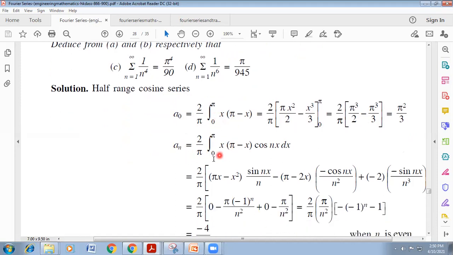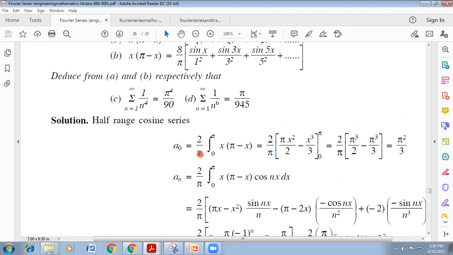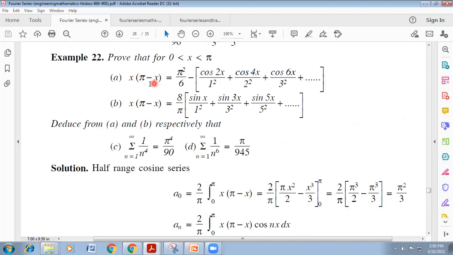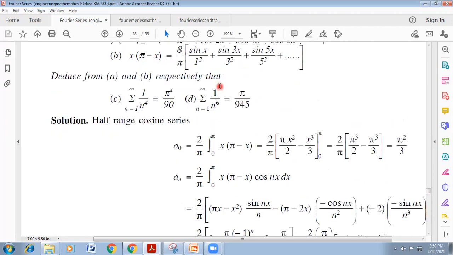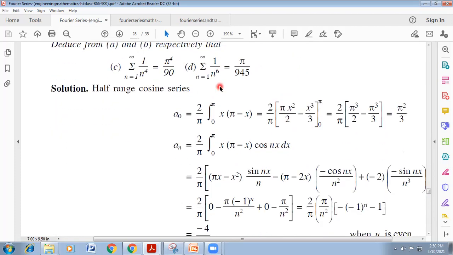Now, what will n be? The cos coefficient, first for the first function, only the cos coefficient. This is why we are finding it, because in our given series there is the cos term. The cos coefficient a n equals 2 by pi, integral 0 to pi of f of x cos nx dx. You must know the cos coefficient a n equals this.